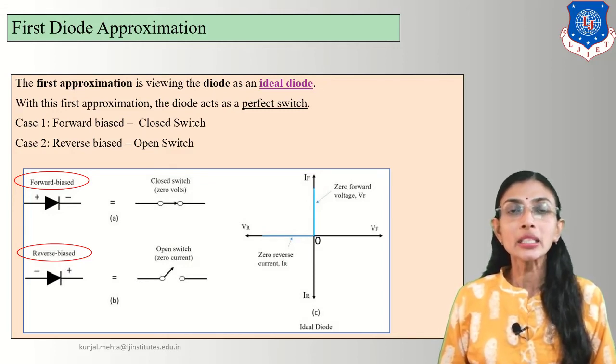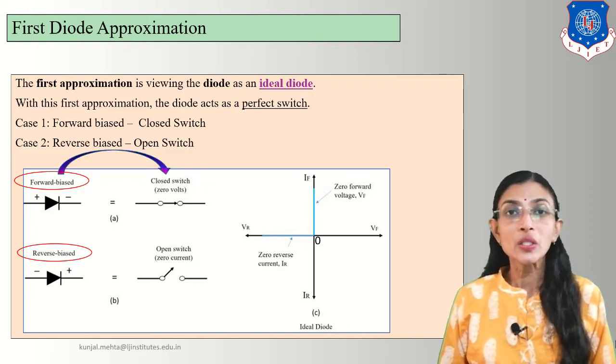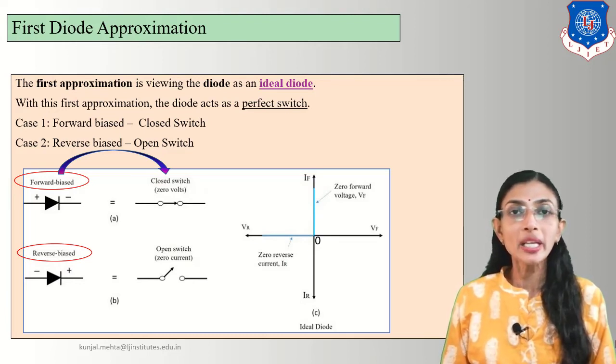So let's consider case 1, that is forward biased. If the diode is connected in forward bias, then the diode acts as a closed switch like this, and if it is a closed switch, that means zero resistance. There is no resistance, and at some particular forward voltage, the current flows maximum.